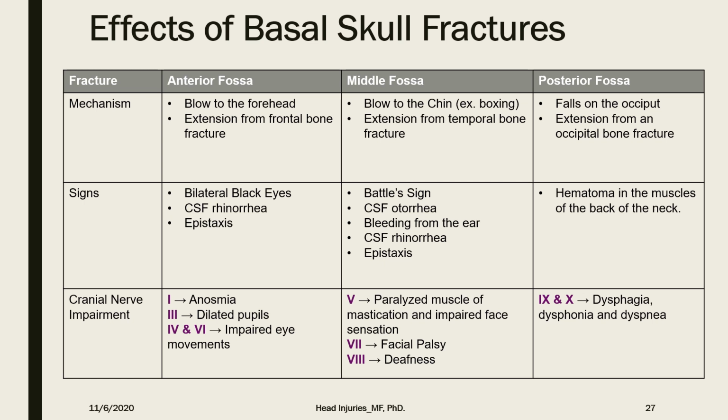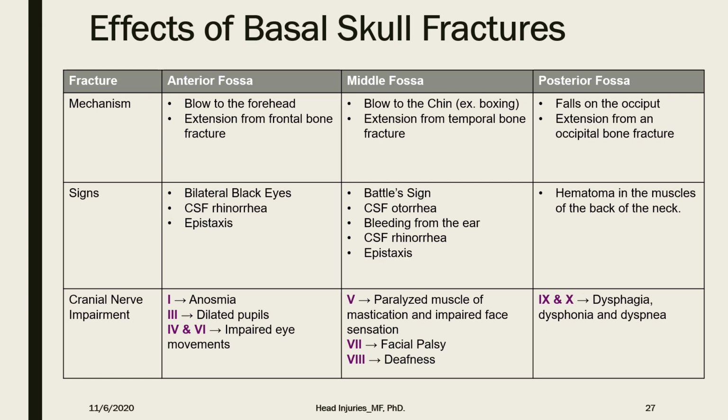If the fracture happened in the middle fossa, as in case of a blow to the chin, when a person is playing boxing, or as an extension from temporal bone fracture, the signs will show battle sign.